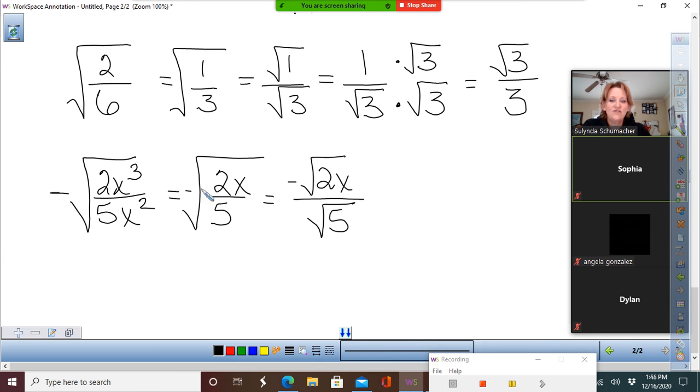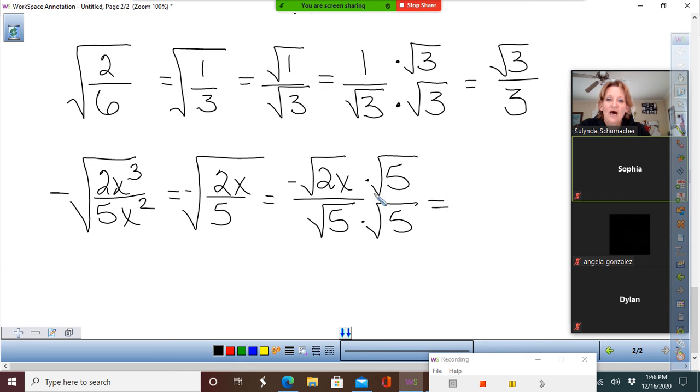These are both exactly the same. Then we look to see, can I reduce either of those? I can't. So I have to rationalize. Whatever the square root is on the bottom, that's what I multiply by. Whatever I multiply the bottom by, I have to multiply the top by.